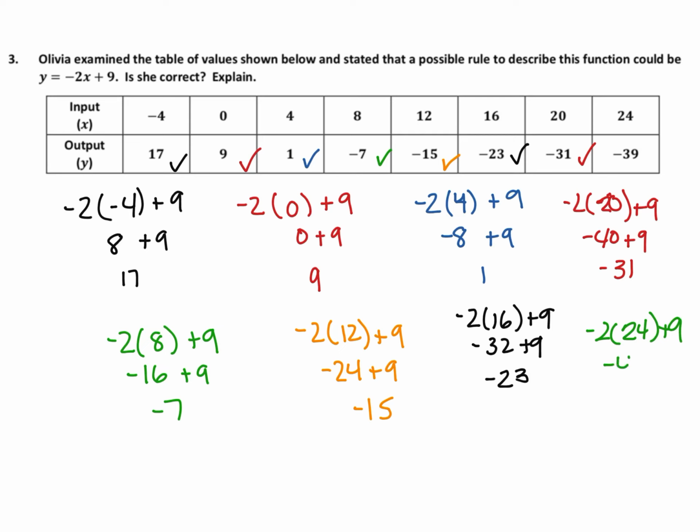Negative 2 times 24 is negative 48, and negative 48 plus 9 is negative 39.